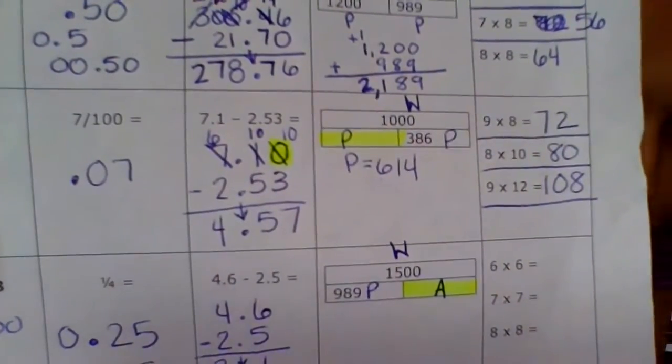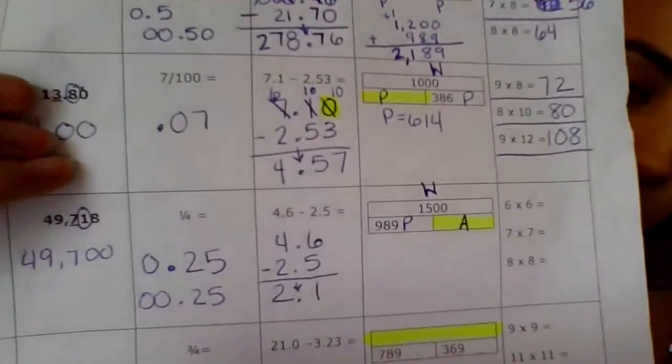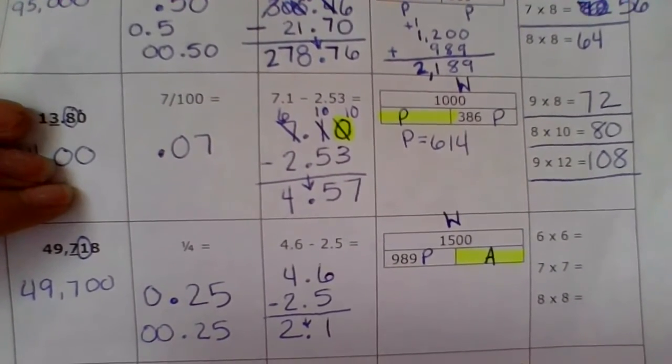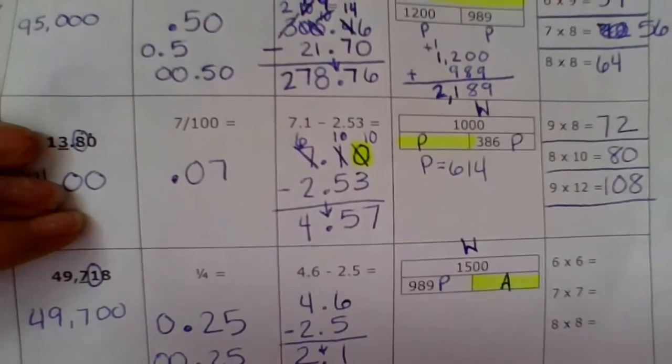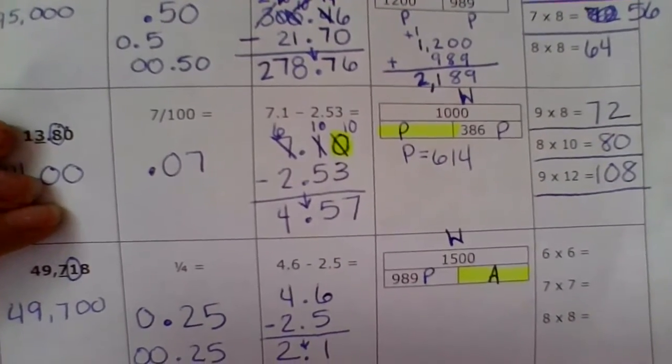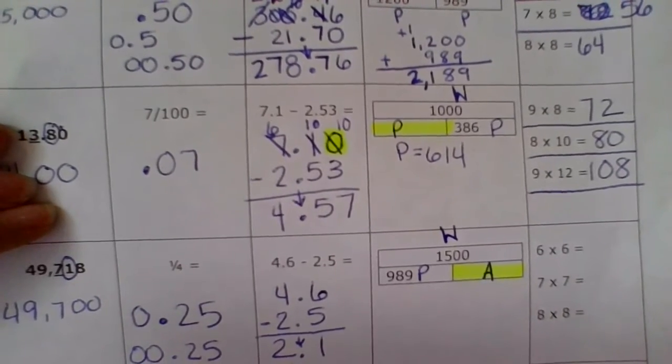That's the unknown. And that's what we're going to solve for. So if you tuned in with me yesterday, you know that I said if we have our whole and we're missing a part, we're going to subtract. So we're going to subtract 1,500 minus 989.